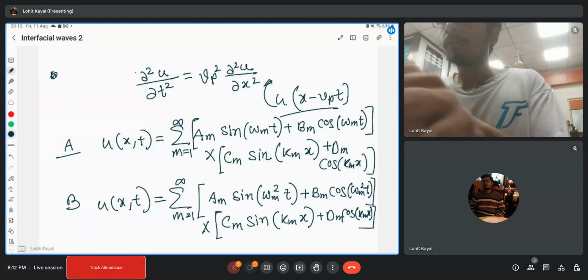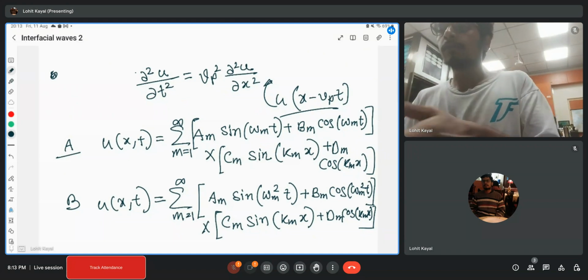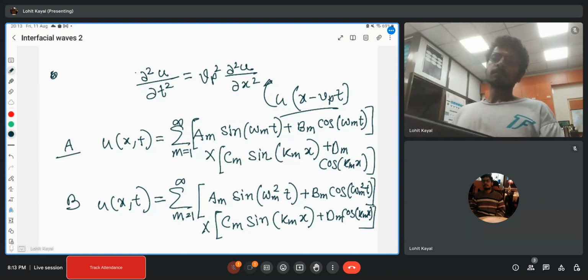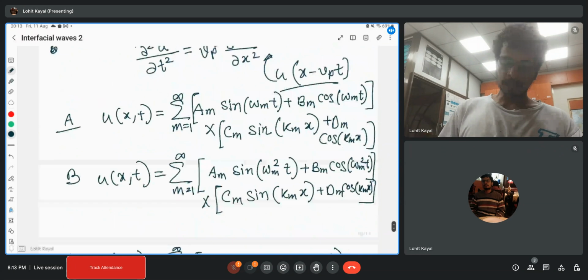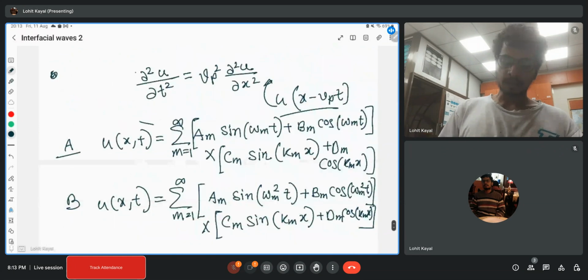At first, you should inquire what the meaning of this summation is. Summation m equal to 1 to infinity. Because if I don't put the summation sign, then will it agree with this equation or not?